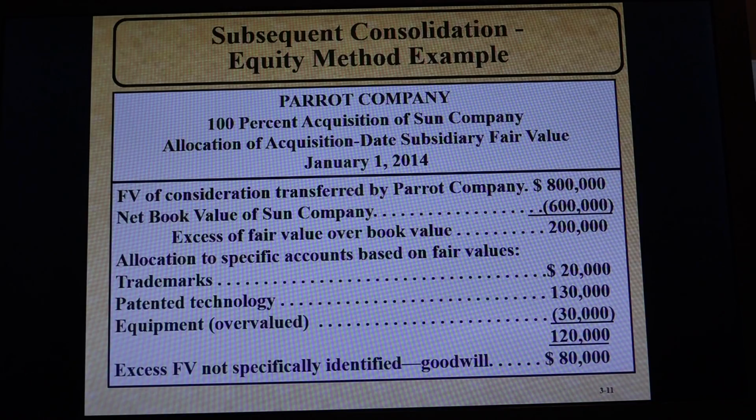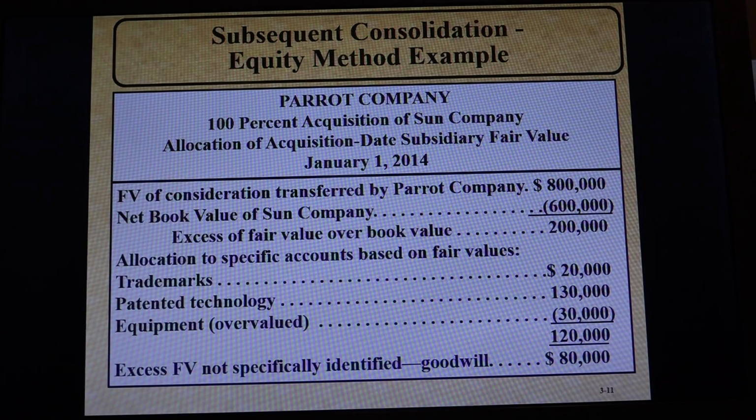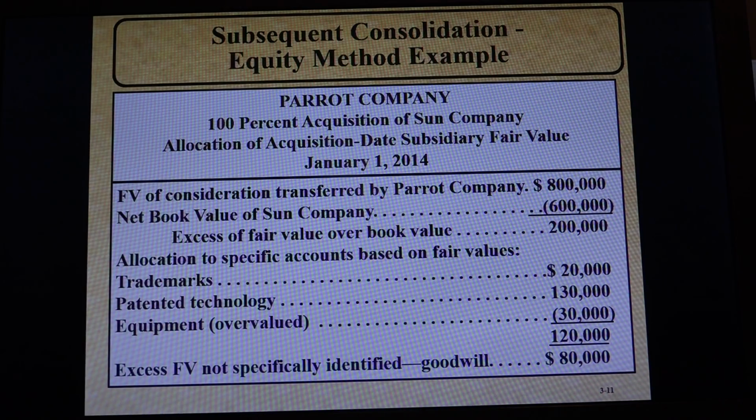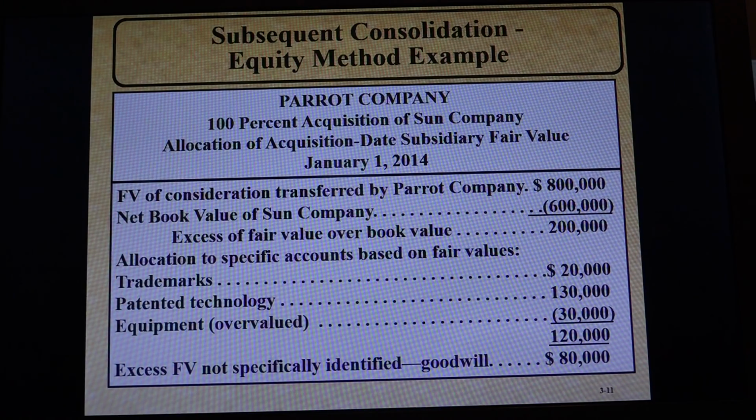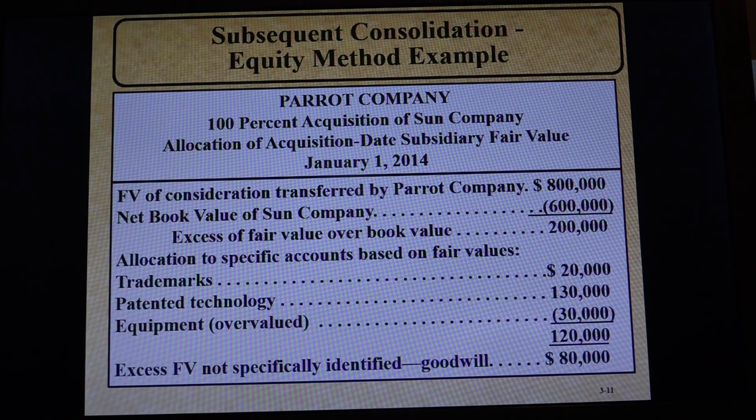So here's our allocation of the acquisition date sub fair value. You subtract the net book value of the sub, $600,000, from the fair value of consideration transferred. You have excess fair value over book value of $200,000.